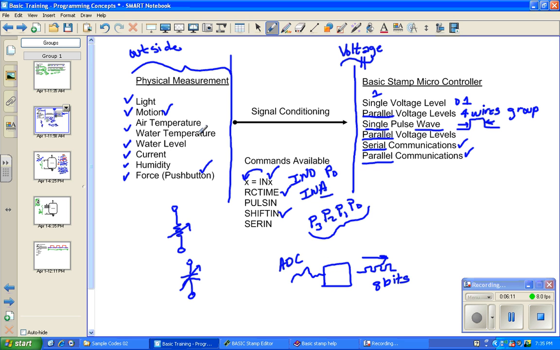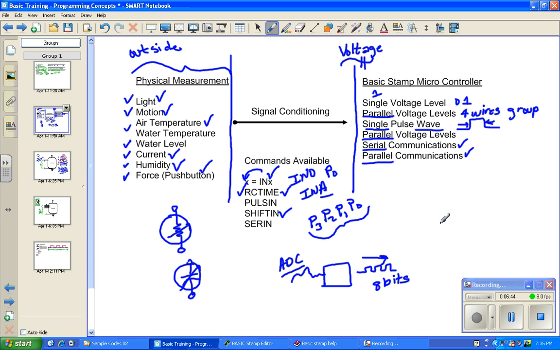I believe in your project some of your air temperature components and maybe your current sensor components are using the analog to digital converter. Some of your components like your light sensor and your humidity sensor are using the RCTIME command, because the light sensor is just a varying resistance and the humidity sensor is just a varying capacitor.